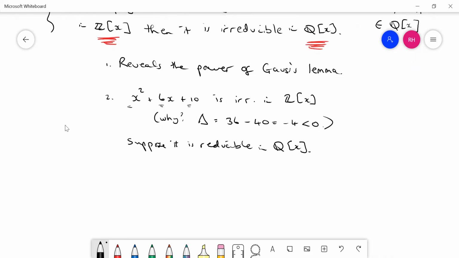I was just playing around with this before. You could say it equals (x plus A)(x plus B), so we want the coefficient of x squared to be 1, so this would be x on A, plus this would be 10 on B. That gives us the 10 at the end, the constant coefficient.